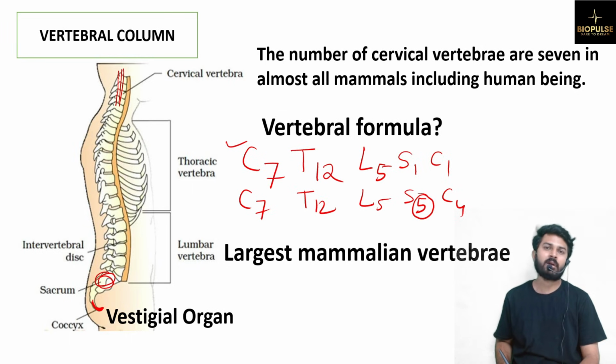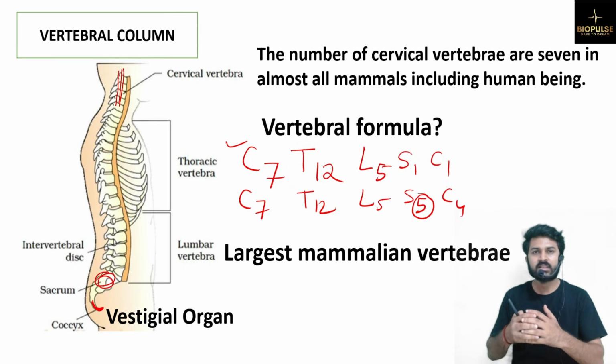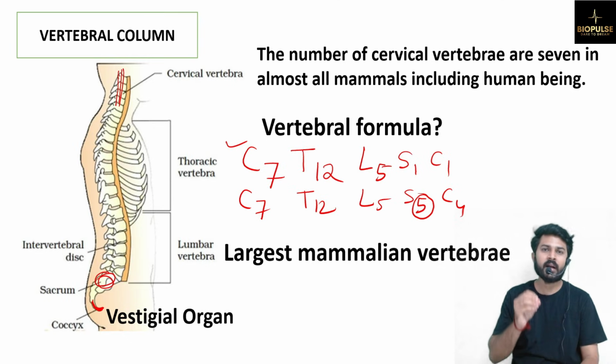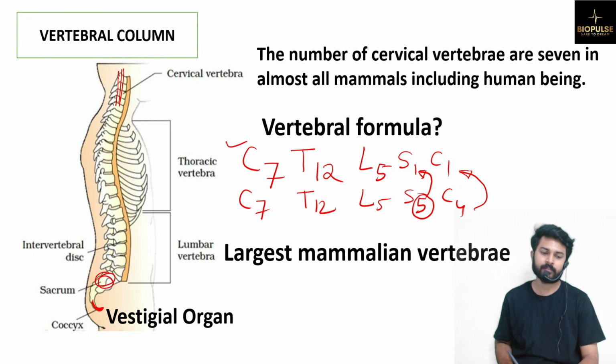After that, what will happen? It will start to merge, and finally we will have 206 bones. That is clear. So these 5 bones will fuse to form a single sacrum, and 4 bones will fuse to form a single coccyx.